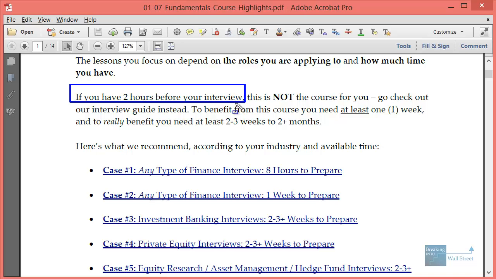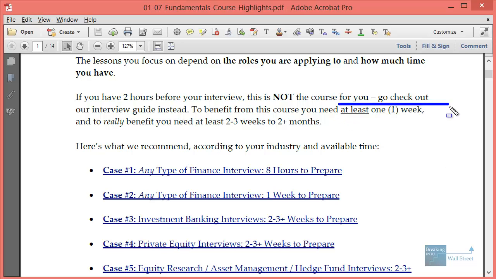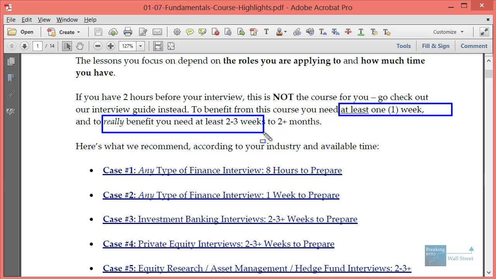You really need to take some amount of time to be able to go through the Excel files, the written documents, the PDFs, the videos, the transcripts. If you only have 1 or 2 days, yes, potentially you could still get a good last minute boost. But as I say here, ideally you will need at least a week. And we think realistically to really benefit, you probably need more like 2 to 3 weeks.